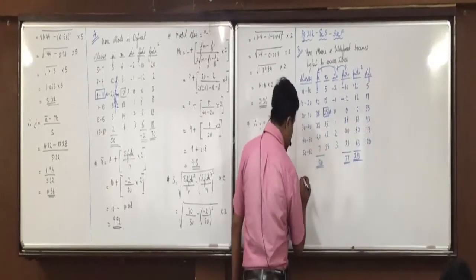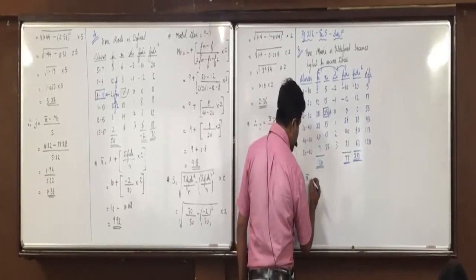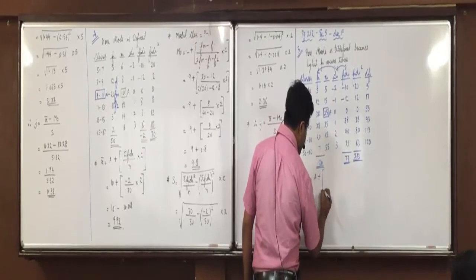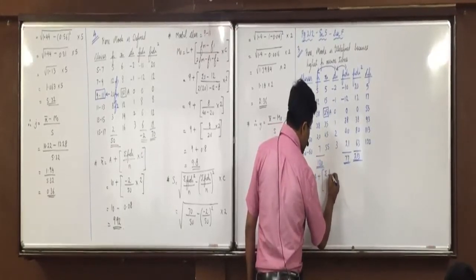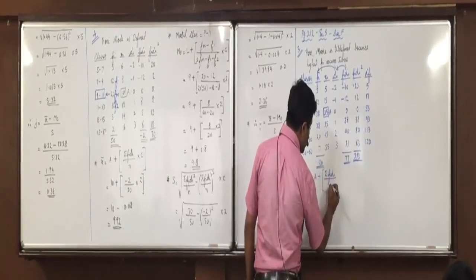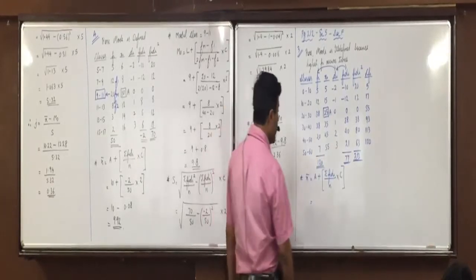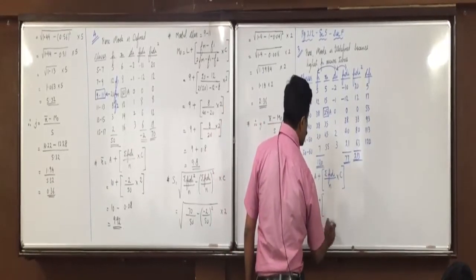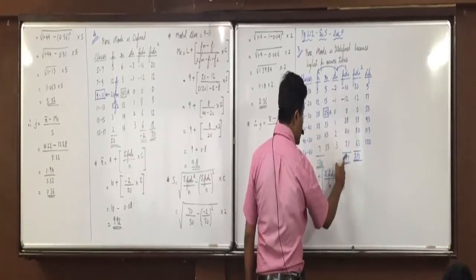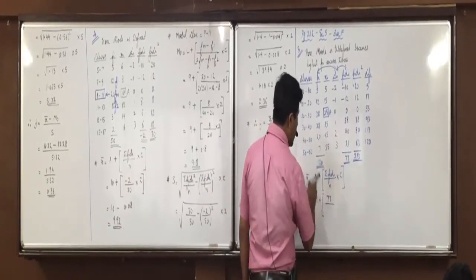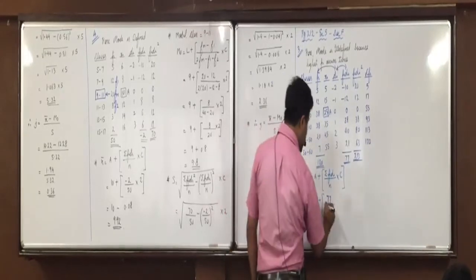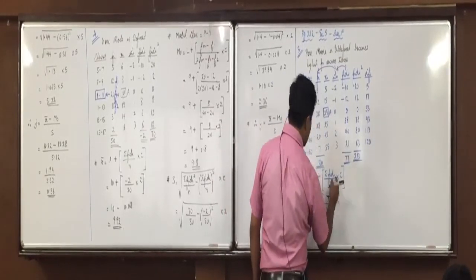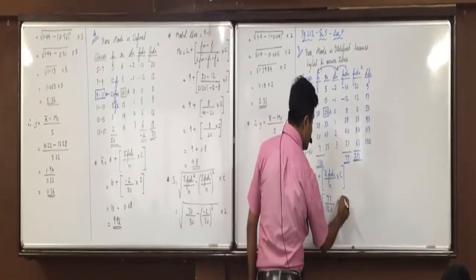Now first we will find x bar in the same manner. A plus sigma fi di upon n into c. So A assumed mean is 25 plus sigma fi di we obtained 77 upon n is total of fi 120 into class length is 10.